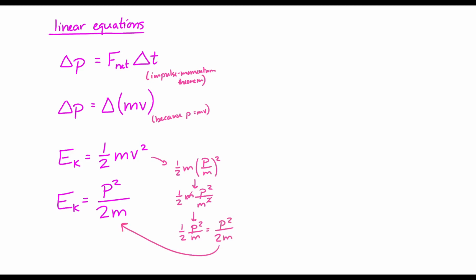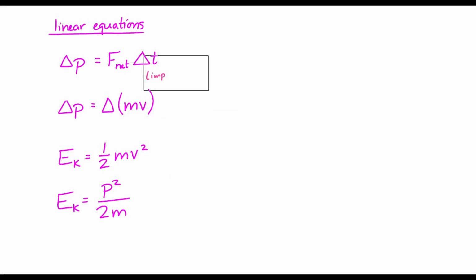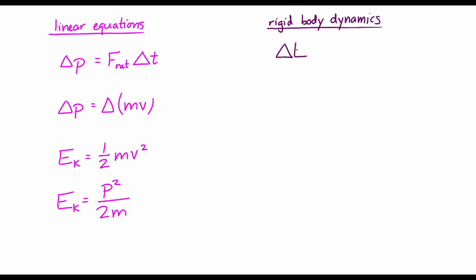So each of these has a corresponding idea in rotational dynamics and rigid body dynamics. Over here, we have that the change in the angular momentum is equal to the torque times time, right? And we also have that the change in the angular momentum is equal to the change in I times the angular velocity.